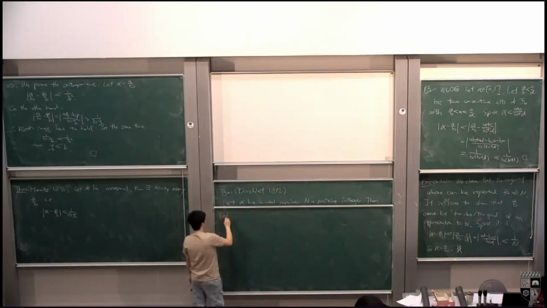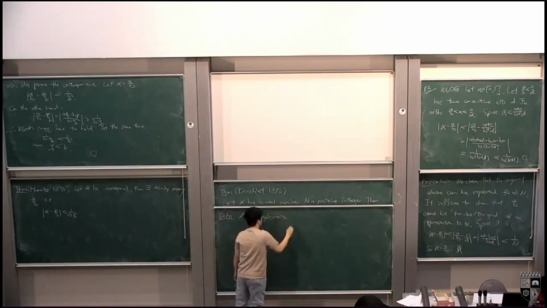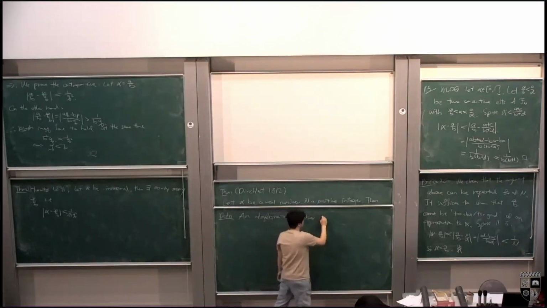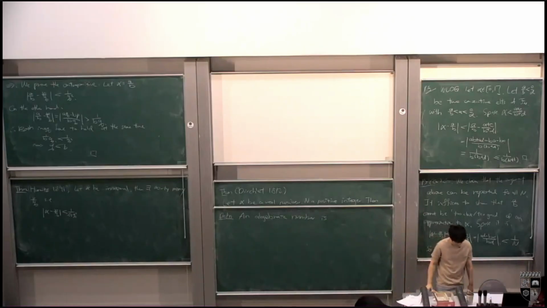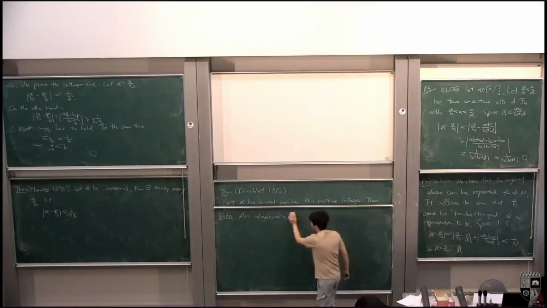Just a definition. An algebraic number is, how do I define it? Okay.